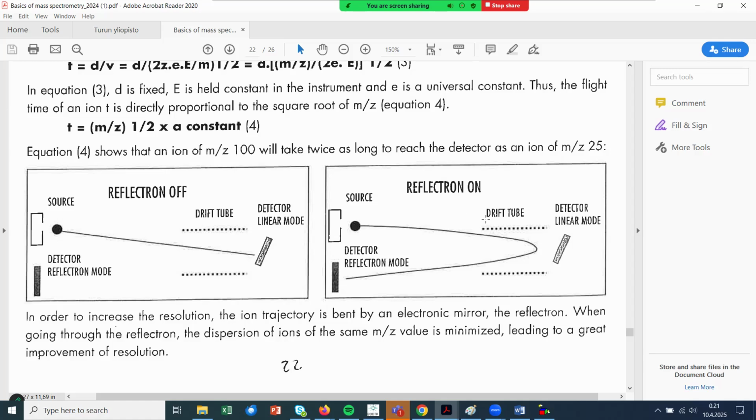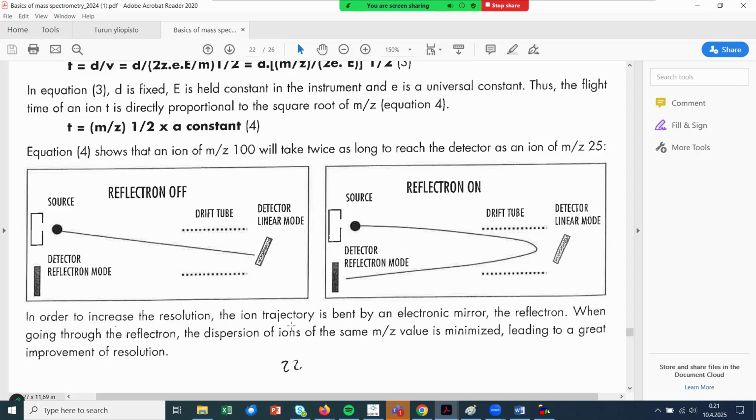Actually, this is not only to give more time to fly. It increases the resolution. The reason is that the dispersion of the ions of the same m/z value is minimized when this reflectron is used.